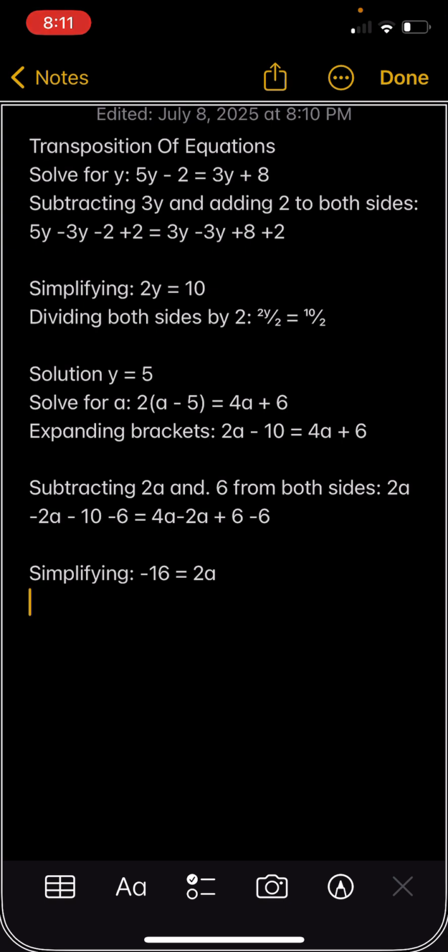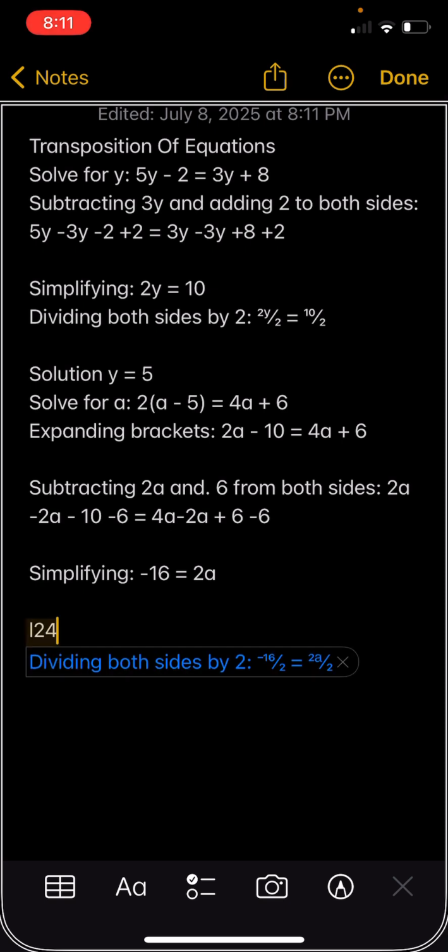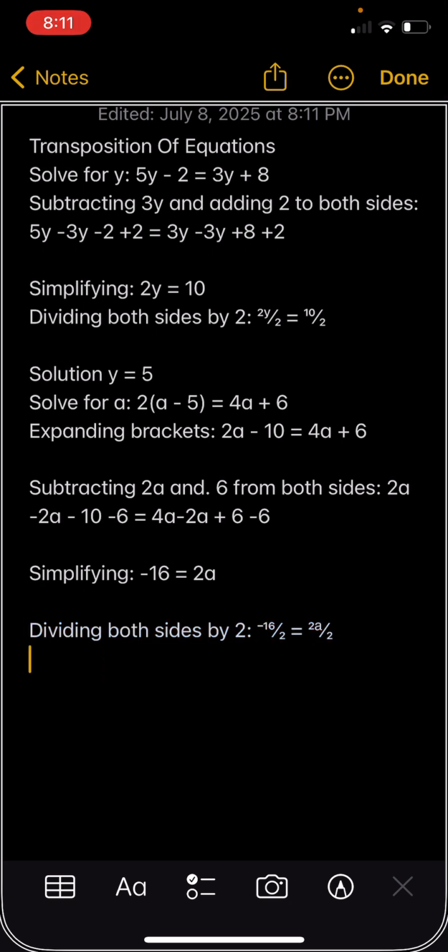So minus 16 is equal to 2a. We have to divide both sides of this equation by 2 in order to solve for a. So negative 16 divided by 2 is equal to 2a divided by 2. And that will give us negative 8 equals a. Or, if we want, we can write it this way: a equals negative 8.